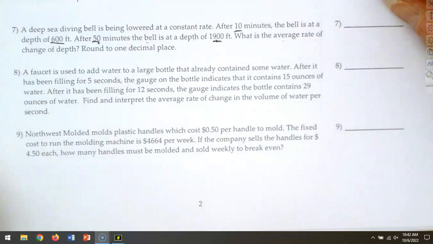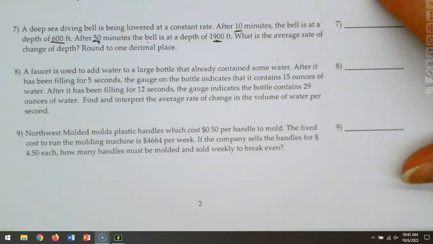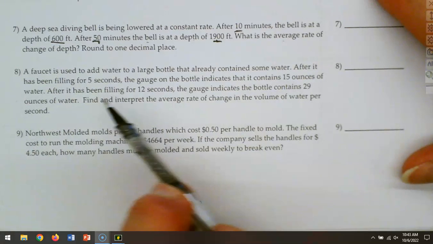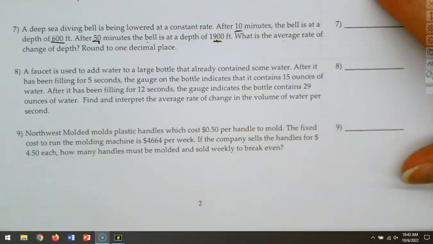Question 8, same thing. A faucet is going to be used to add water to a large bottle. After it has been filling for 5 seconds, the water on the gauge indicates 15 ounces. After it's been filling for 12 seconds, it indicates 29 ounces.